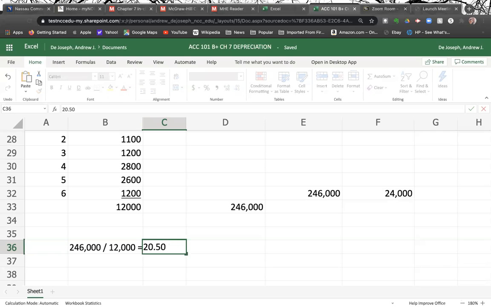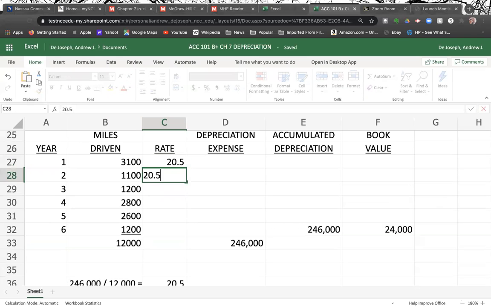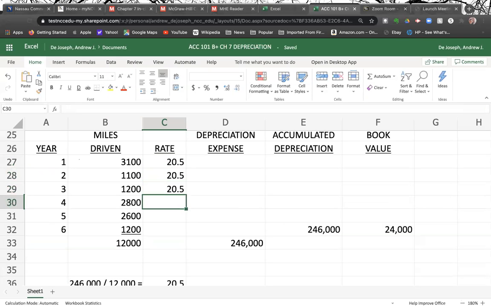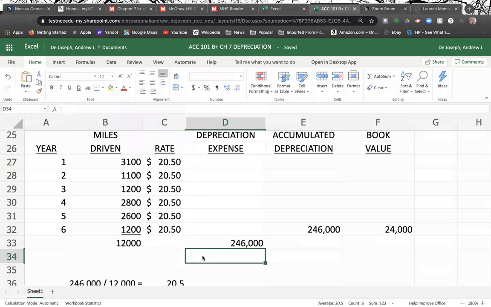Every hour I run those machines, it's costing me in depreciation $20.50. So you remember there's a dollar sign there.